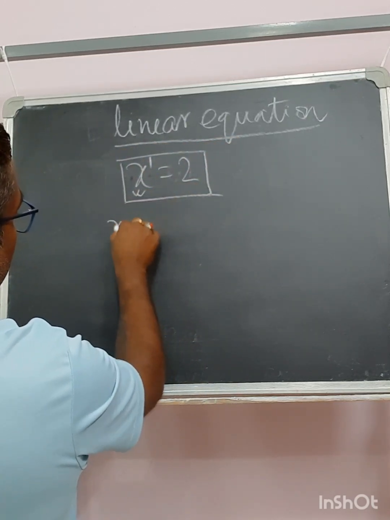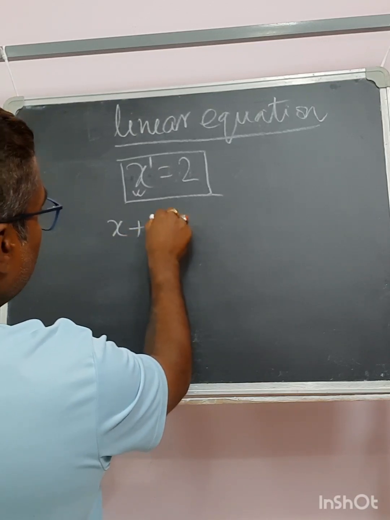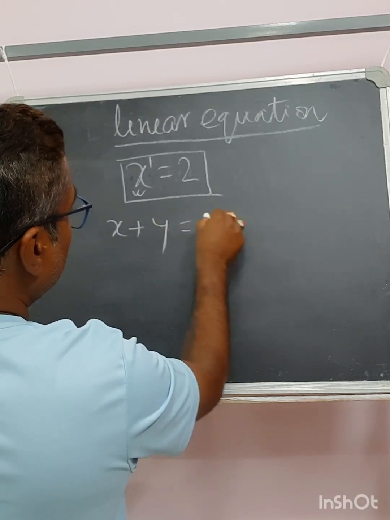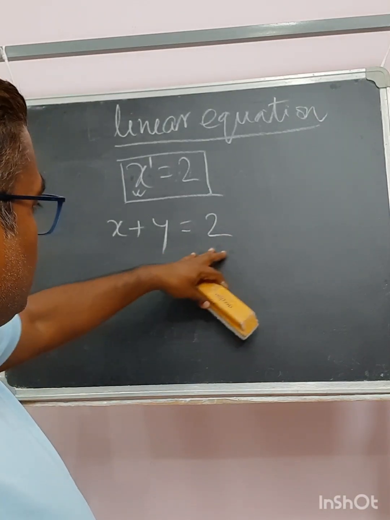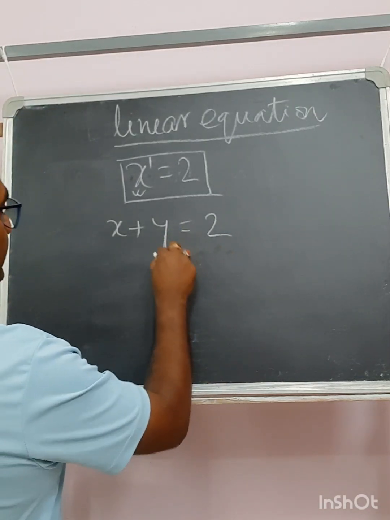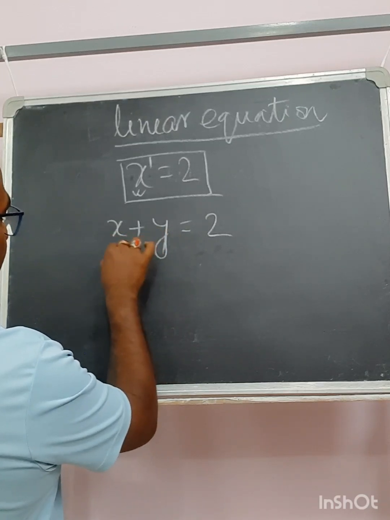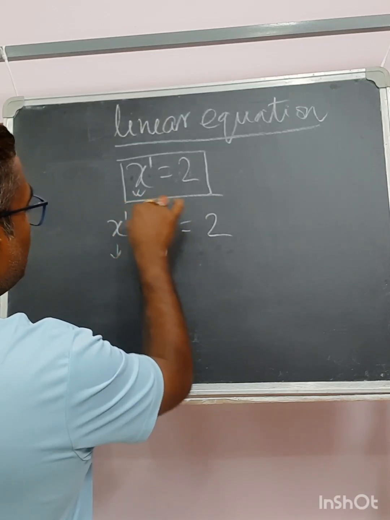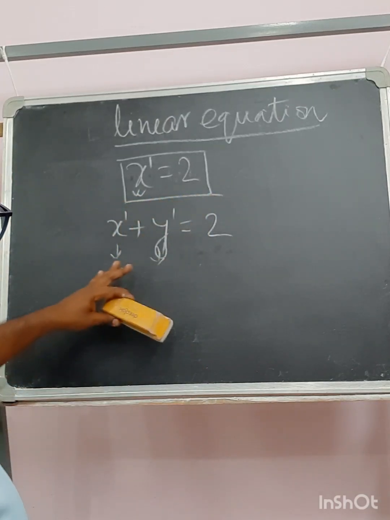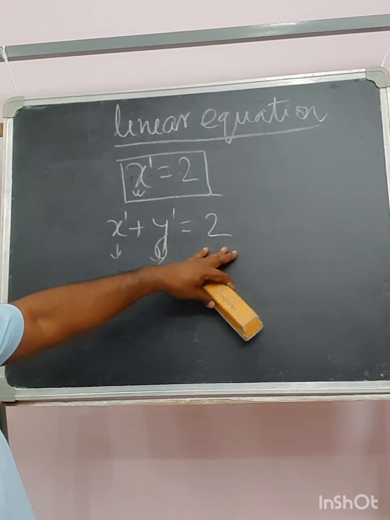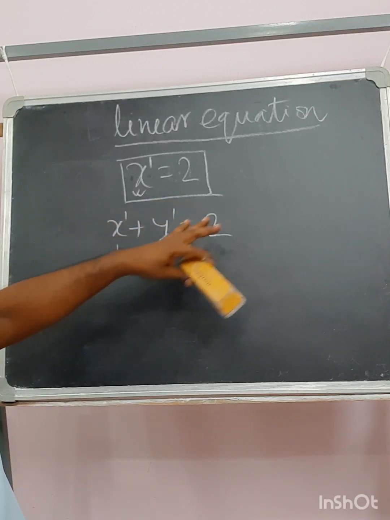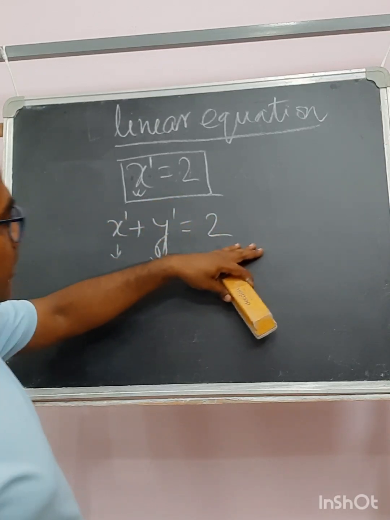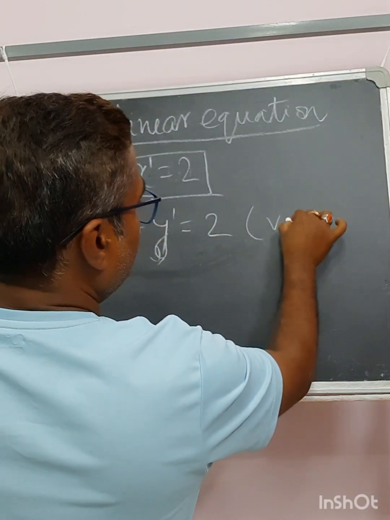There could be another way, there could be two variables also. Let's say x plus y is equal to 2. Here x and y are the variables but their order is 1. This also represents a linear equation, but here the number of variables is 2.